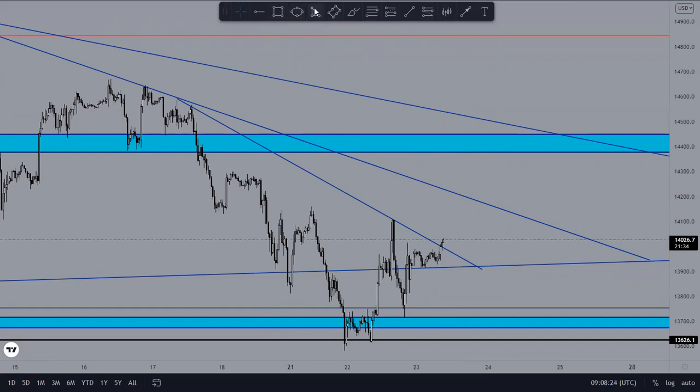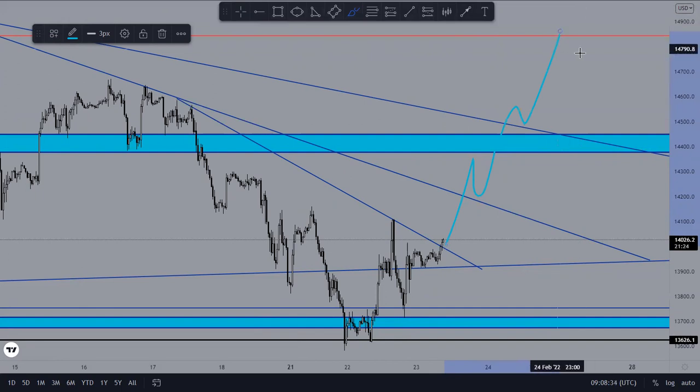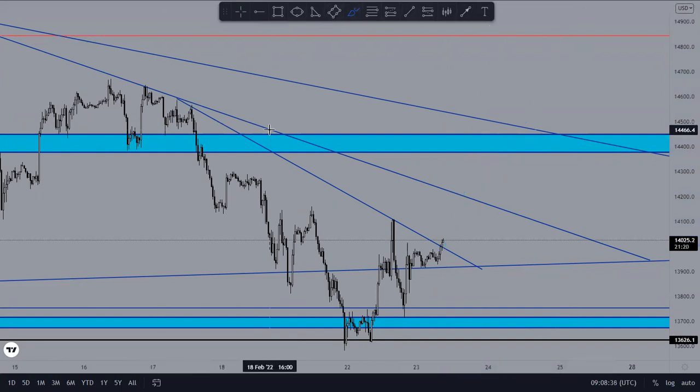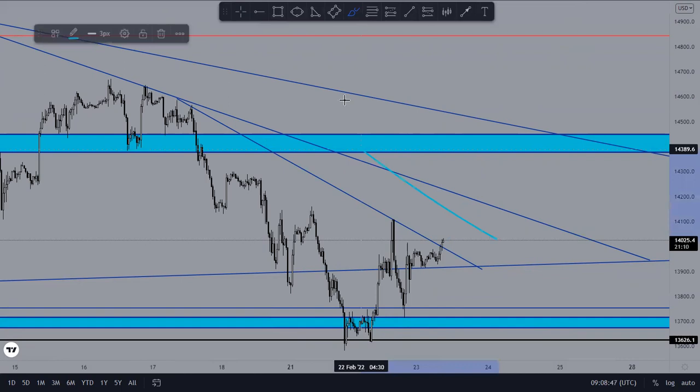Once it comes here and breaks here, retests there, goes all the way there, once it breaks that one, definitely we are going to the top, guys. As we showed you, the top daily level of resistance that we have. So we're going to swing trade this Nasdaq. We're going to hold this Nasdaq for long.